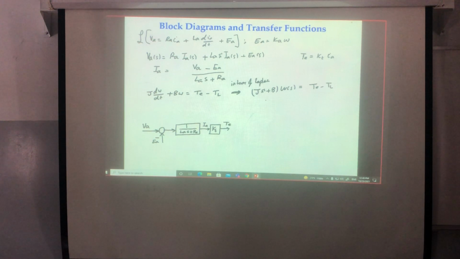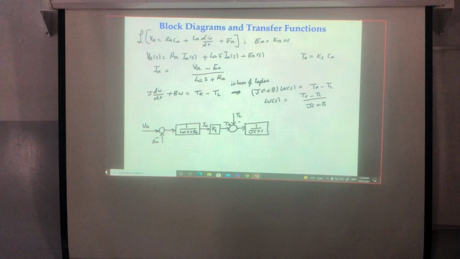If I need to solve with respect to omega of s, this will equal TE minus TL over J s plus B, correct? So now here I will add a summing point, and this will be TL with a minus sign. Now, if I multiply by 1 over J s plus B, what am I getting?